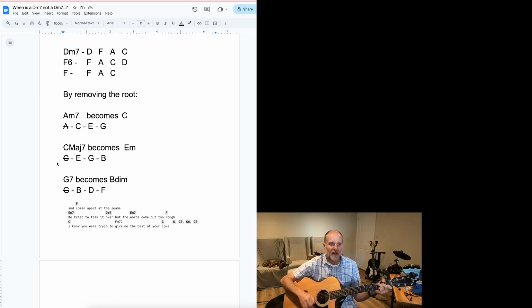So let's take all those 7th chords and replace the triads with the 7th chords and see what it does to the progression. We'll go to the A minor 7. Back to the C there.